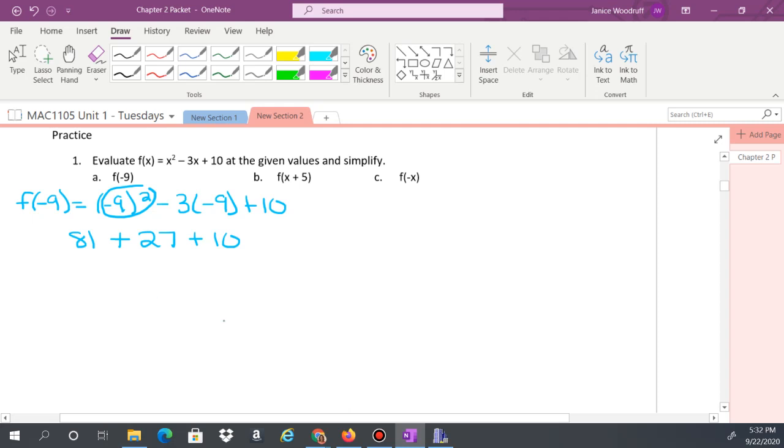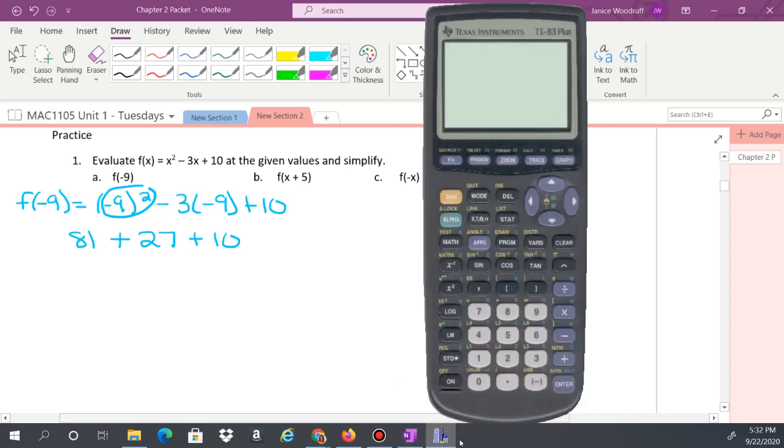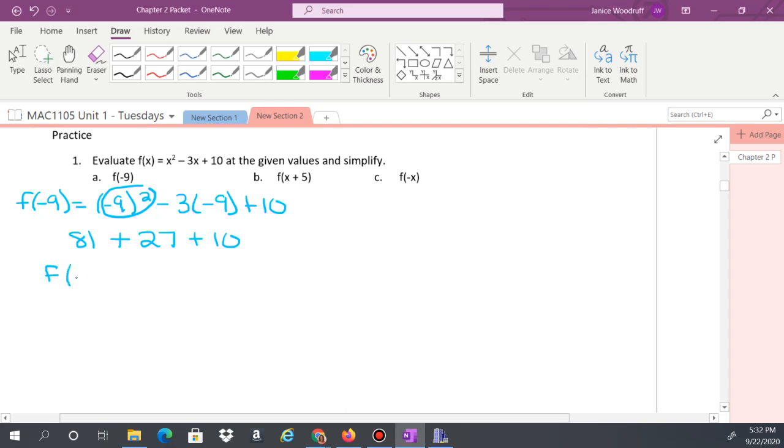So that's going to give us 81 plus 27, 108, 118. What did you guys get? Let me double check my head math here. There we go. Okay, 118. So f of -9 equals 118.